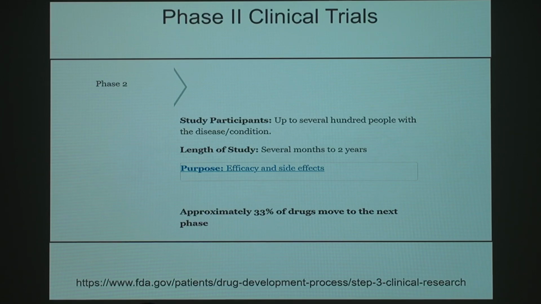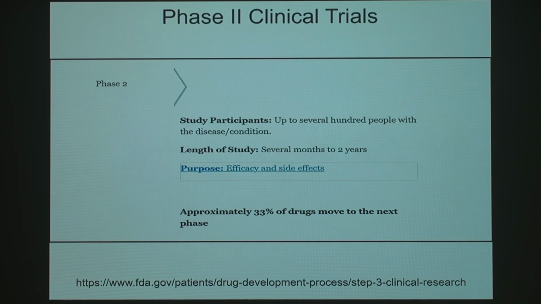And again, phase 2 is looking at the diseased patients. So whatever the particular disease is, we're looking at side effects. And again, we're looking at efficacy of the drug. Is it working as we expect it to work? And also, are we seeing any unusual effects of the drug?